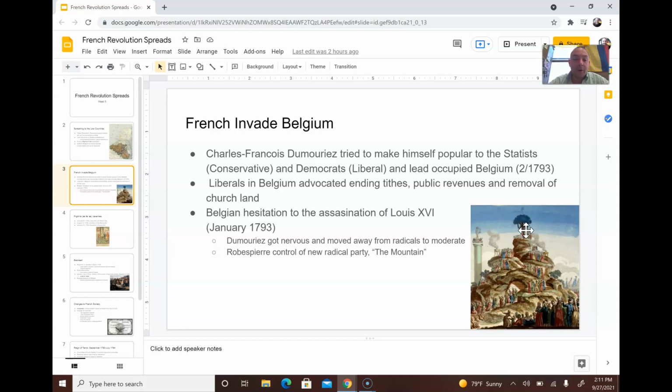There's a new party formed called the Mountain, that he is the leader of. It's a more radical party, a radical revolutionary, radical Republican party. And he finds himself in Belgium trying to advocate for the Republic.